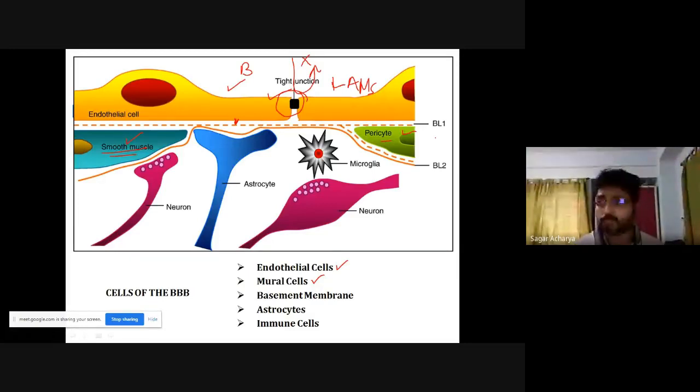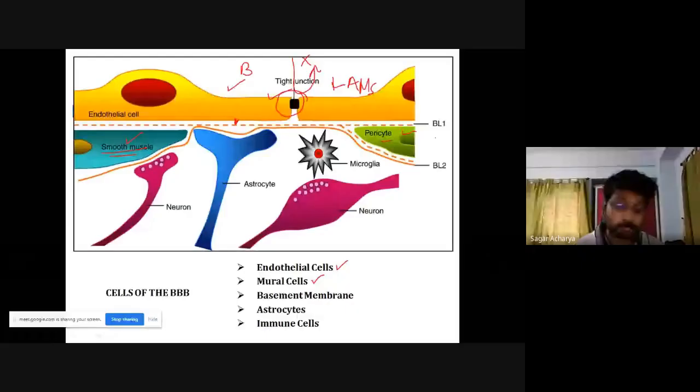Currently, a few of them you can name: CD13, alpha-SMA, desmin, PDGFR-beta, or platelet derived growth factor receptor beta, that have been used for isolating and targeting or identifying these pericytes.